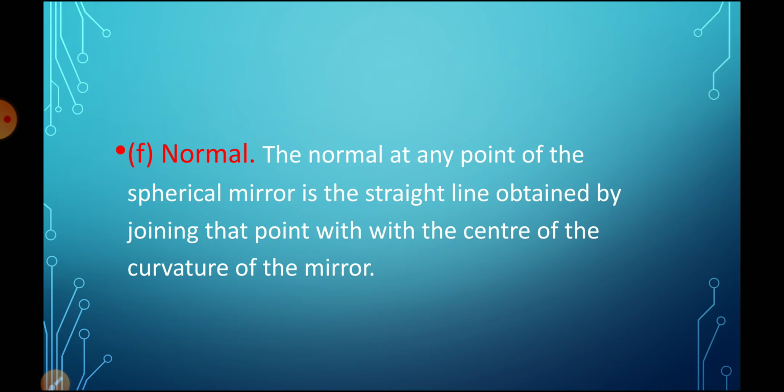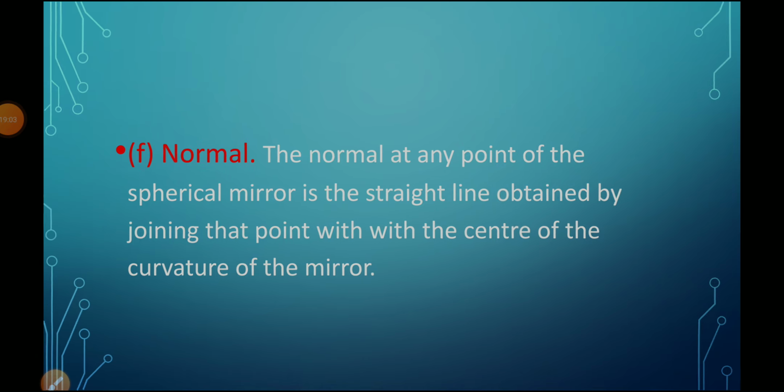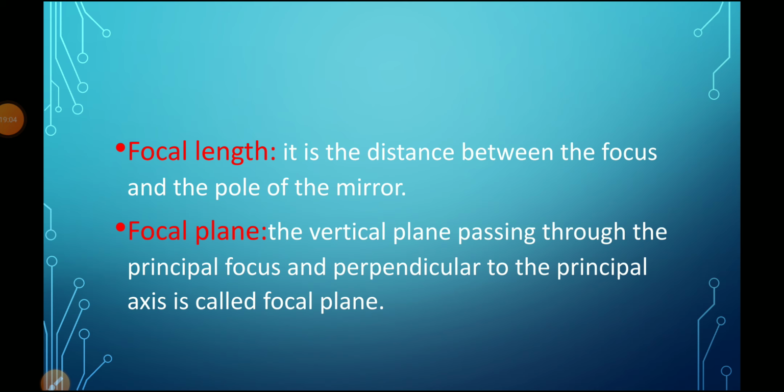Normal. The normal at any point of the spherical mirror is the straight line obtained by joining that point with the center of curvature of the mirror. Focal length. It is the distance between the focus and the pole of the mirror.